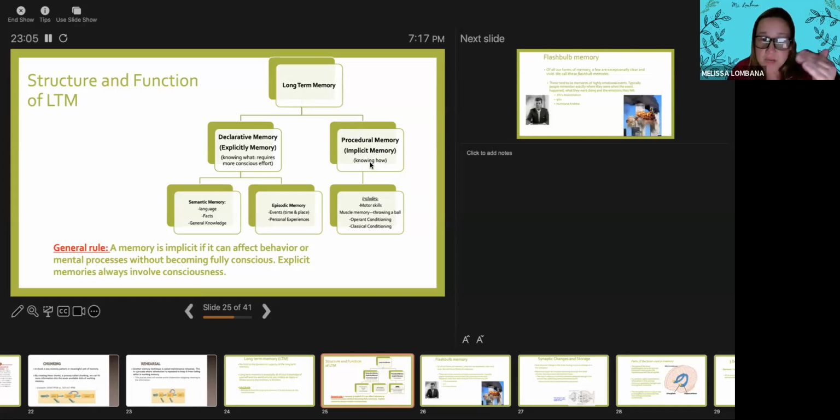So from here, procedural memory, and I'll give you some examples so that it makes sense. Some call it just procedural memory. It's not like here, where it's divided into semantics and episodic. This implicit memory is the same thing as procedural memory. And procedural memory has to do with basically anything that has to do with how to do something.